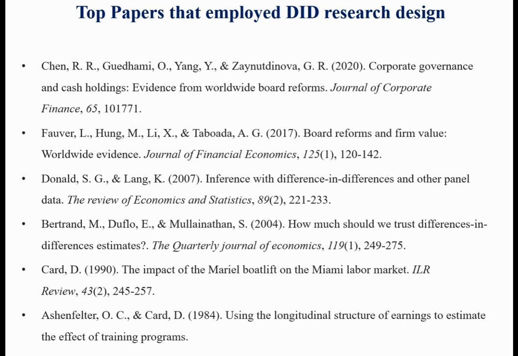DID in researching corporate governance and cash holdings. Favor et al. is also a renowned paper published in 2017 in the Journal of what? Financial Economics. Then Donald and Lang, 2007, Inference with Difference in Difference and Other Panel Data. This is also another good paper for further studies.